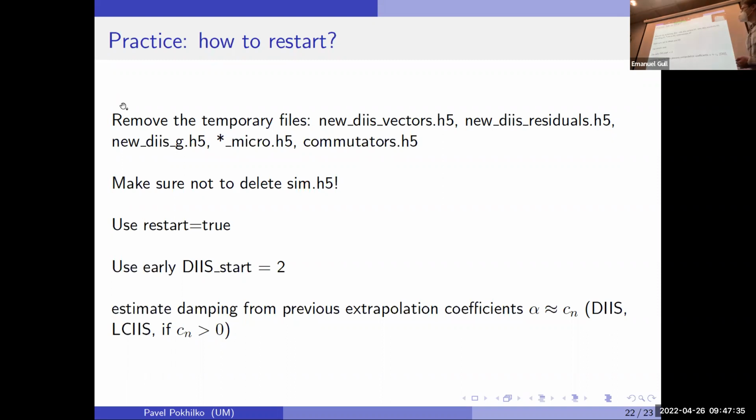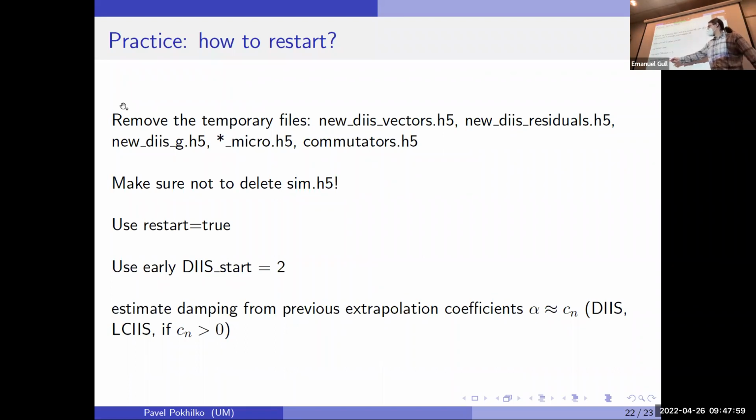So I store the vectors in DIIS on disk, or I store the residuals on disk. So in order to restart the calculation, I recommend just to remove these files, but don't remove your simulation file. And then you can specify restart equals true.